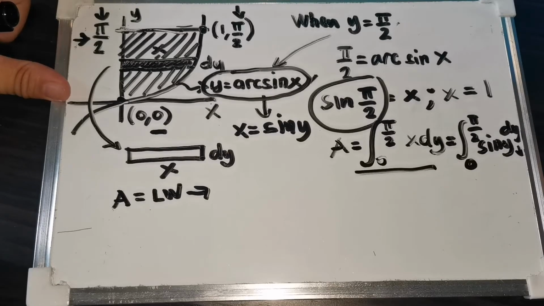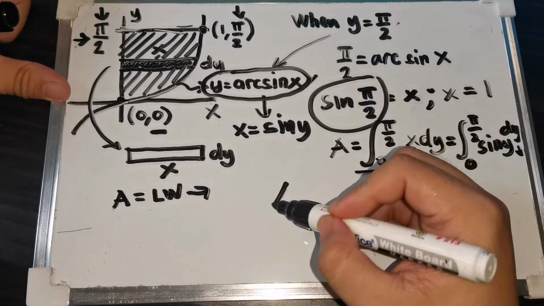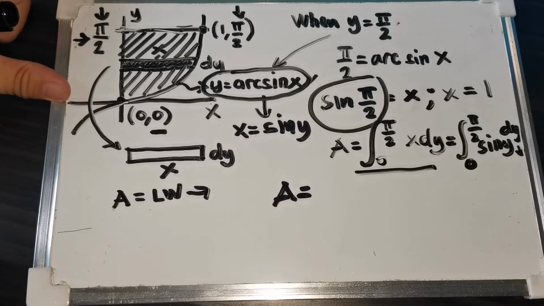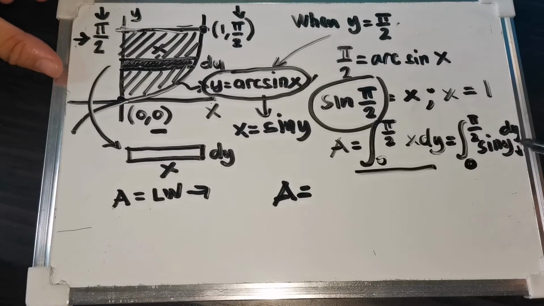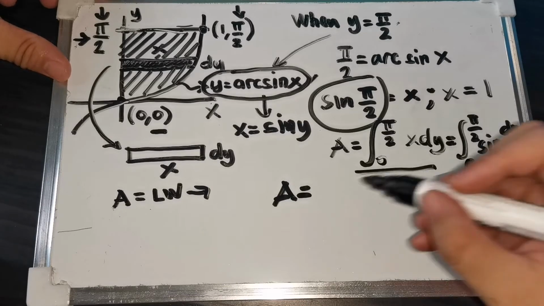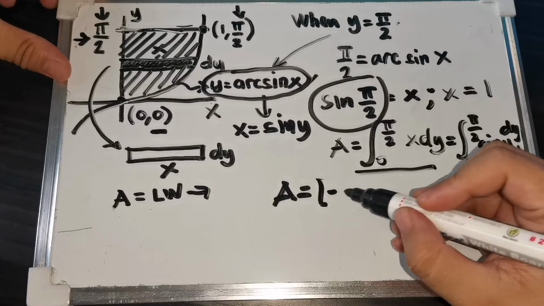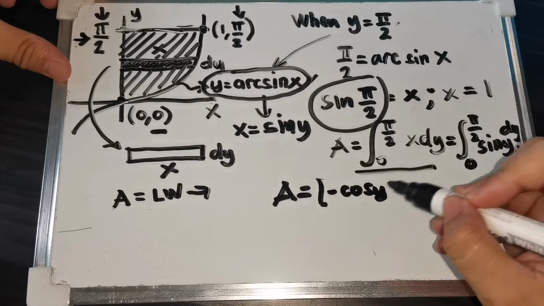To simplify this, the area A is equal to the integral of sine y. The integral of sine y is negative cosine y.